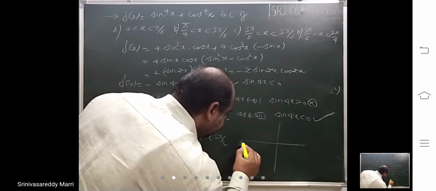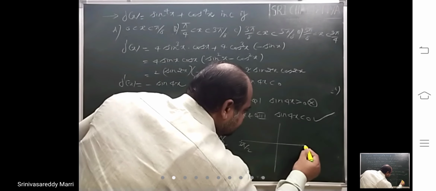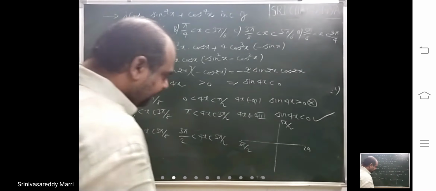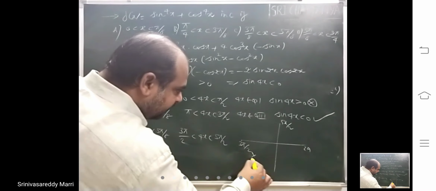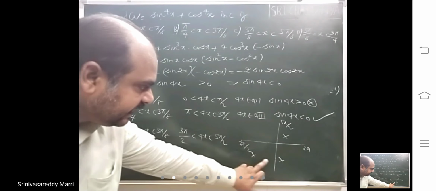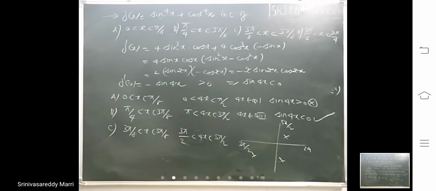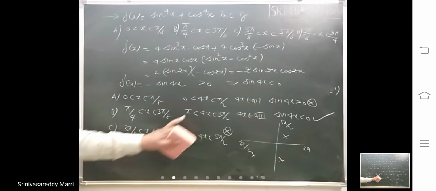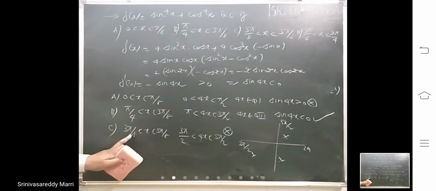This is 3 pi by 2, this is 2 pi, this is 5 pi by 2. 3 pi by 2 to 5 pi by 2 means this quadrant, this quadrant, this quadrant. Here it will be negative, here it will be negative, and here it will be positive. So in this interval, not completely is it negative. In some interval it is negative, in some interval it is positive. So this is an incorrect answer.